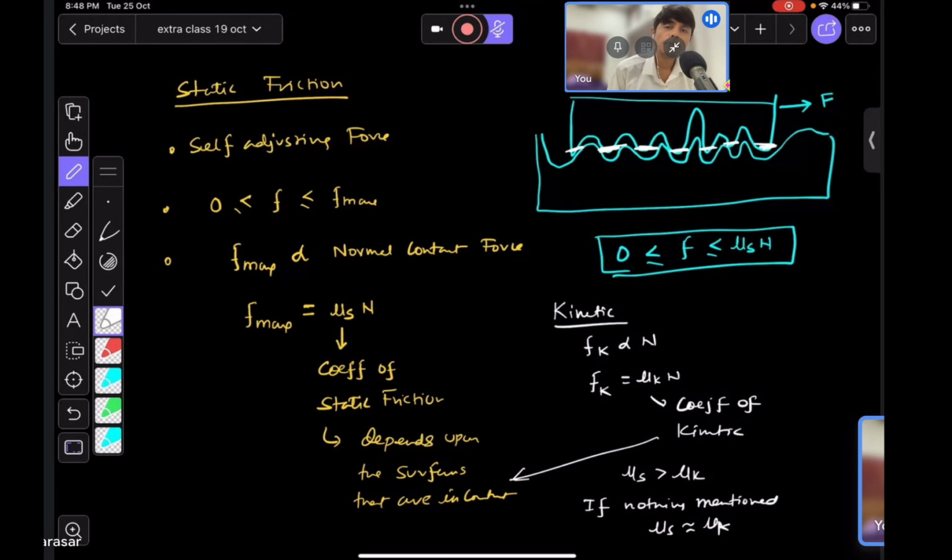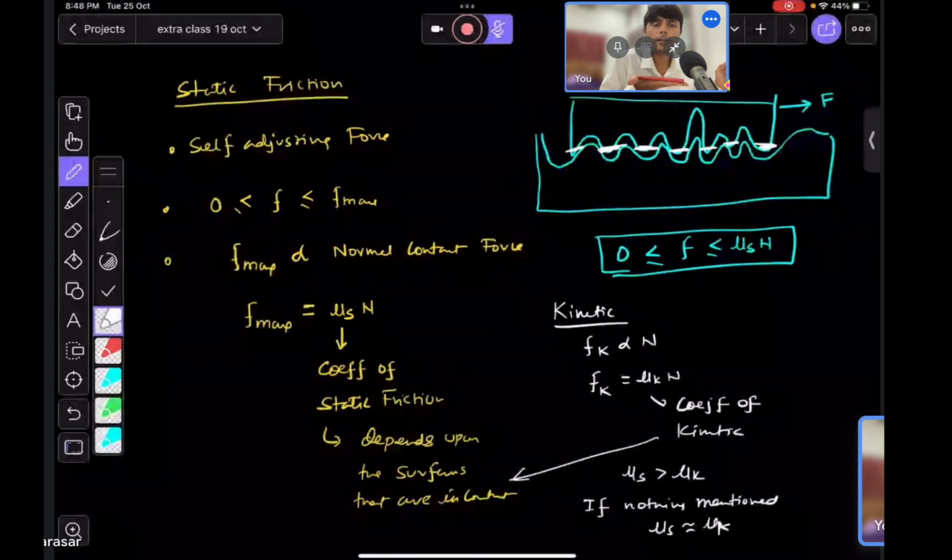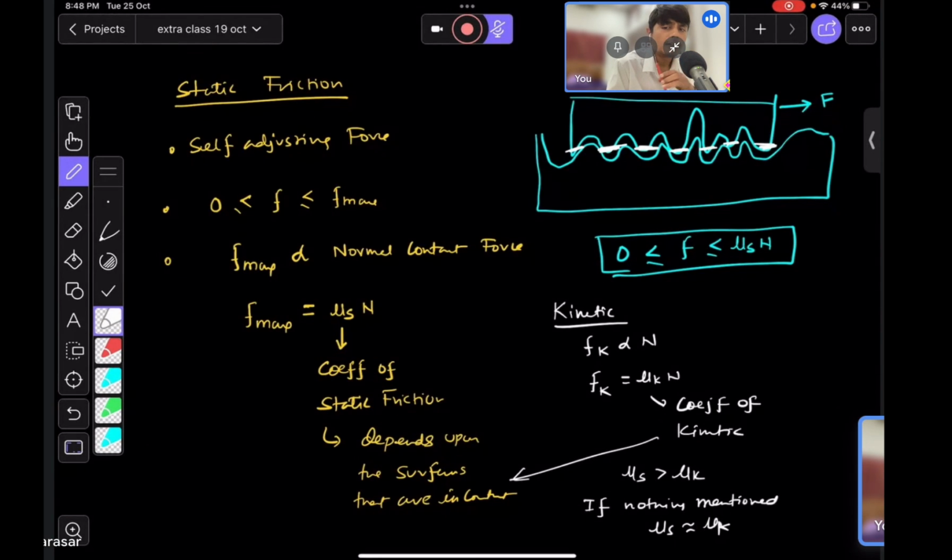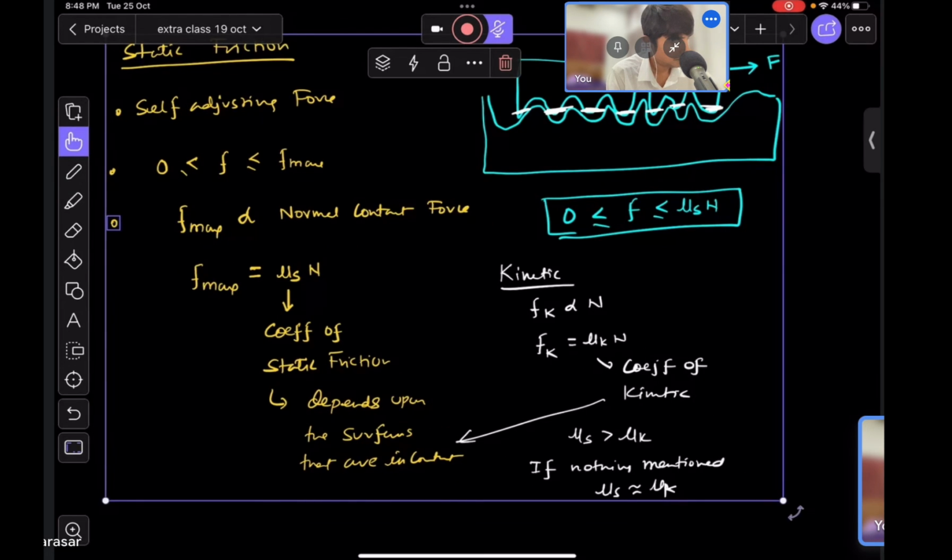But it is. How? If I have kept this block like that, or if I keep the block like this, in either case, will the normal contact force be same or different? Tell me. Same, no? If you have copied, I'll take a new page. Maybe I'll draw the figure here also.